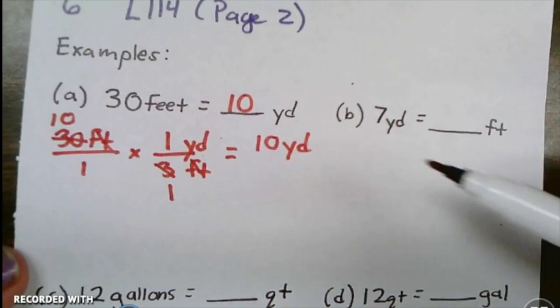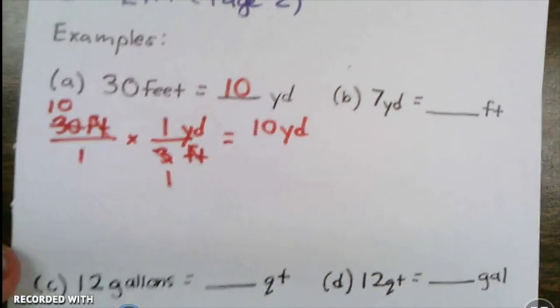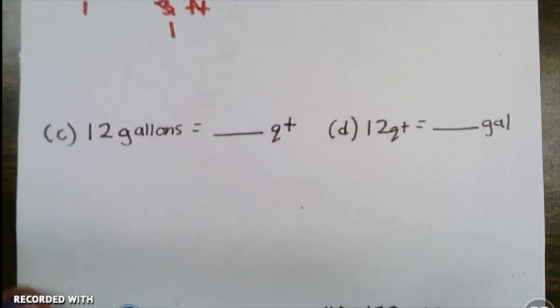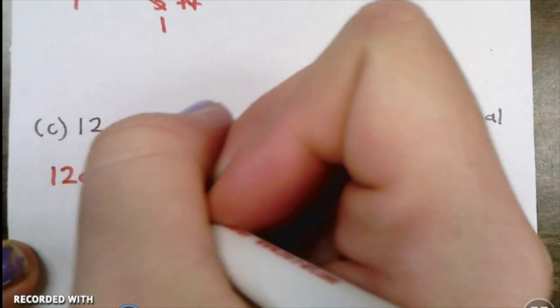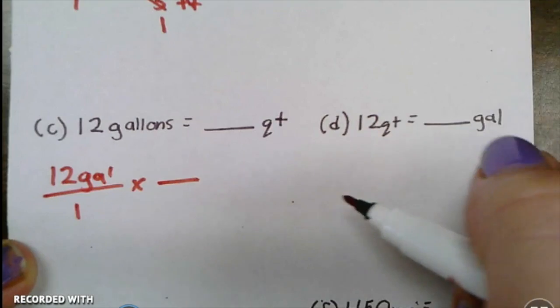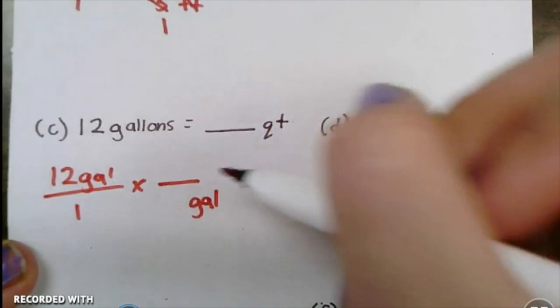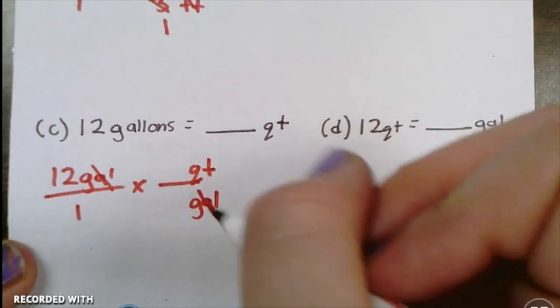Yards and feet again. I want you to try this one on your own. C. 12 gallons equals how many quarts? Start with what I know. Same steps. 12 gallons. Put it over 1. Multiply by a fraction. Put the label I want to cancel on bottom. Put the label I want on top. Gallons are going to cancel.